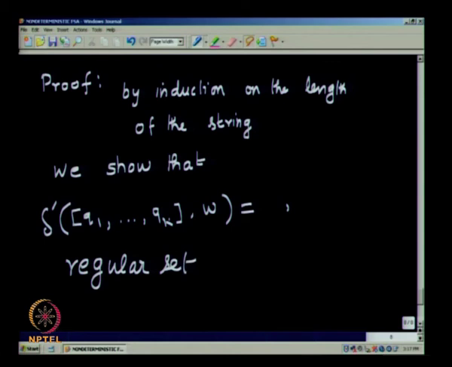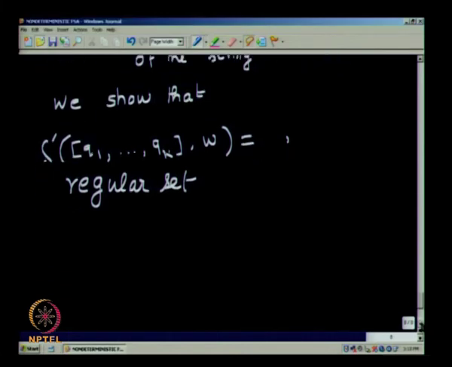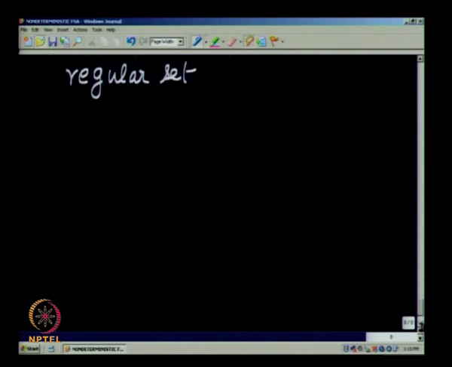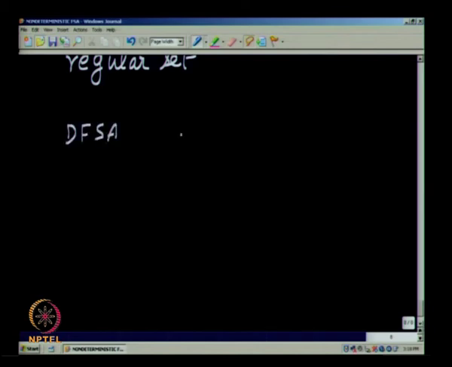So, this is the step we have considered. First we have considered DFSA, now we have considered NFSA.